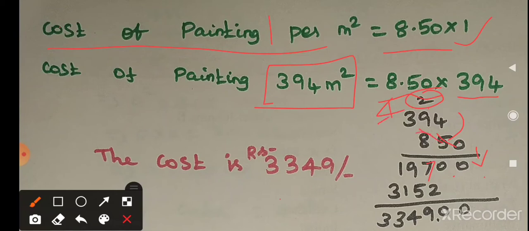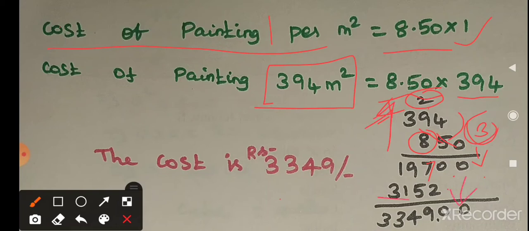Now we are multiplying 8 into 4, 32, 2 here and balance 3. 8 into 9, 72 plus 3, 75, balance 7. 8 into 3, 24 plus 7 is equal to 31.